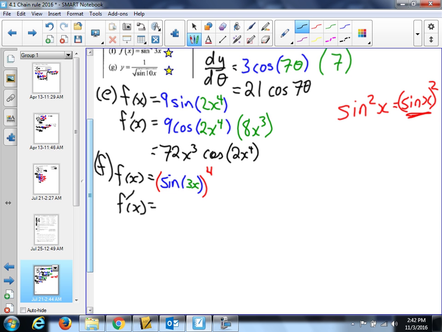F prime of x is equal to, do the outside function. Don't change anything else. So 4 times whatever cubed. Does that make sense? Okay, now I'm going to fill in that something else. Actually, I'm going to make a little more space.